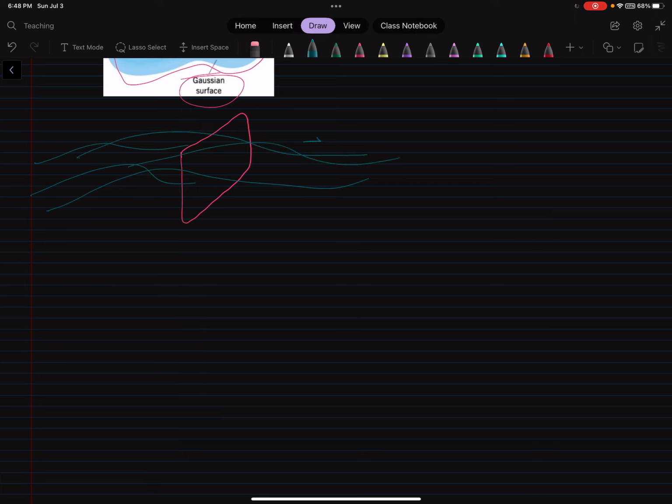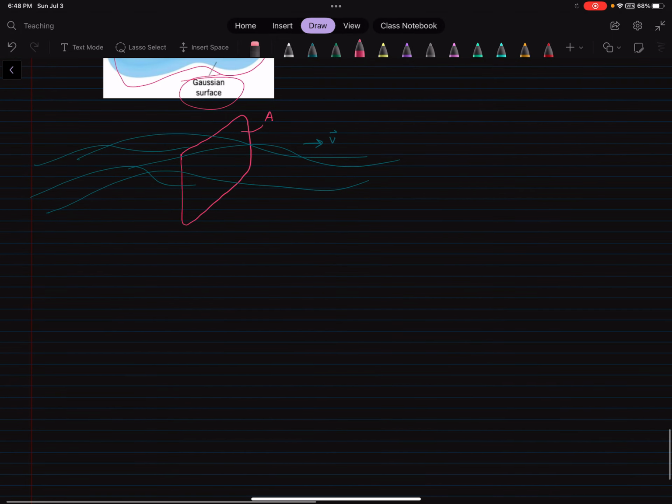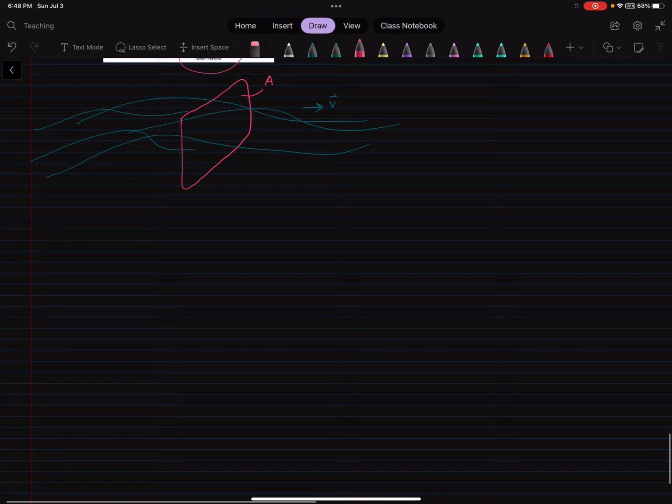Say the water is traveling at some velocity v, and the surface area of this ring is A, we'll say. The volume flow rate, volume of water per unit time that passes through the ring, is given by the flow speed, v, multiplied by the area.